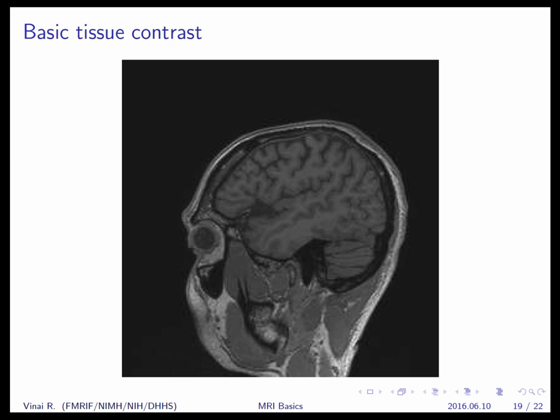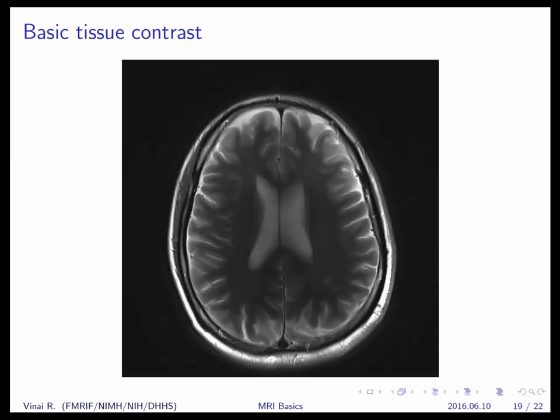This is typically what you would get from either an MP-RAGE or a BRAVO type of acquisition. In a T1 weighted image, things with the longer T1 have a slightly brighter signal. And the reason why the fluid is attenuated here is because the intrinsic T1 of fluid is so much longer than these other brain tissues that it would overwhelm the signal that you're trying to get at here.